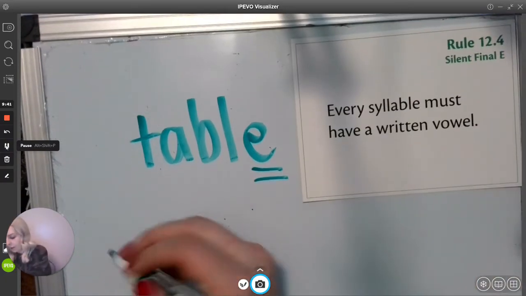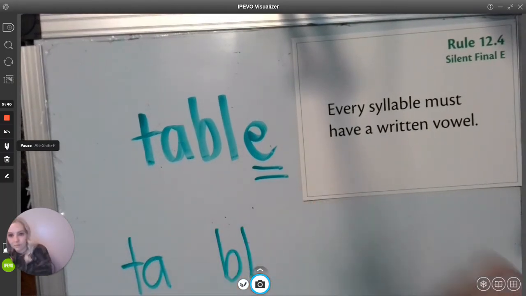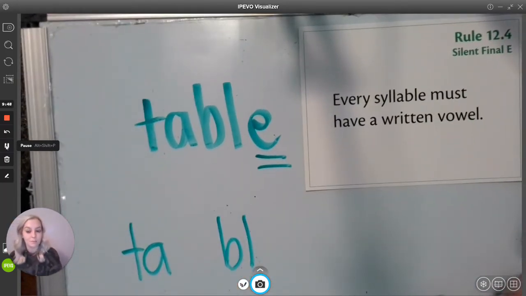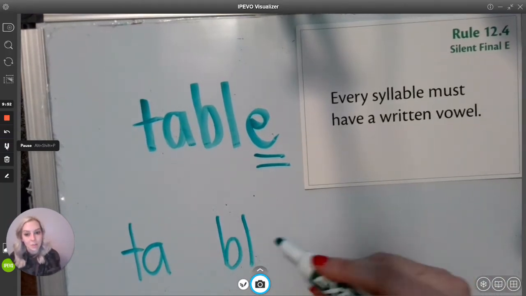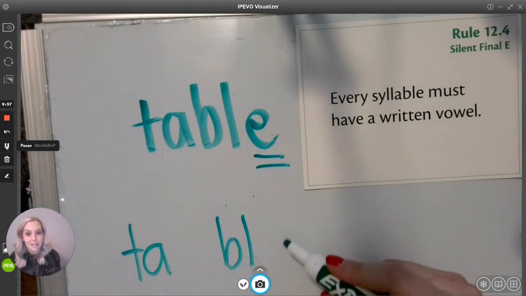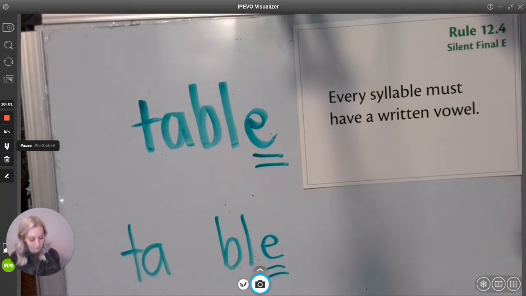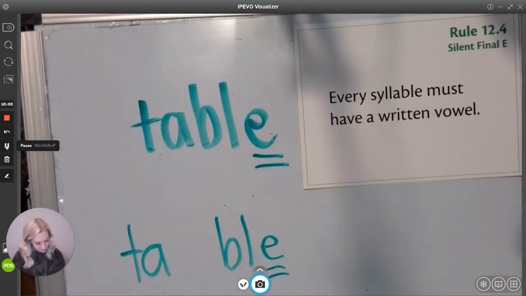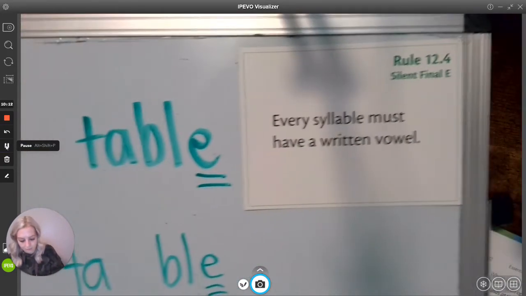Remember, if I wrote this out with syllables, ta-bull, as it sounds out, using just the sounds, we don't have a vowel in this syllable. So you have to have silent final E there. So repeat after me. Every syllable must have a written vowel. Very good.